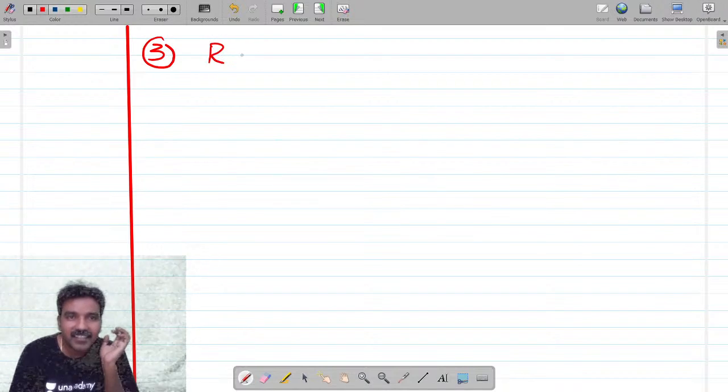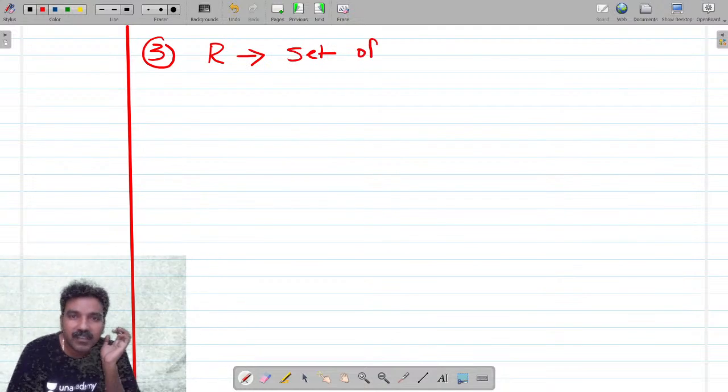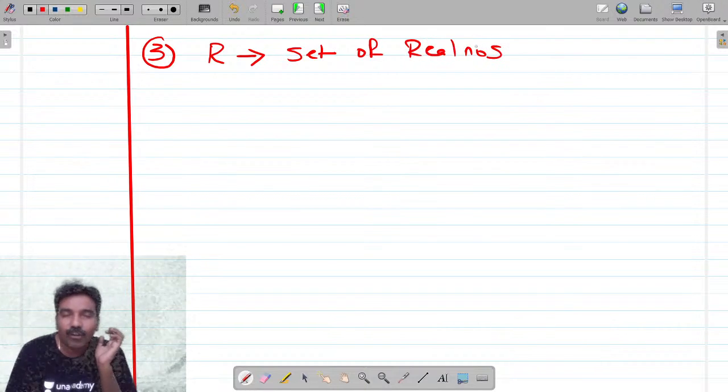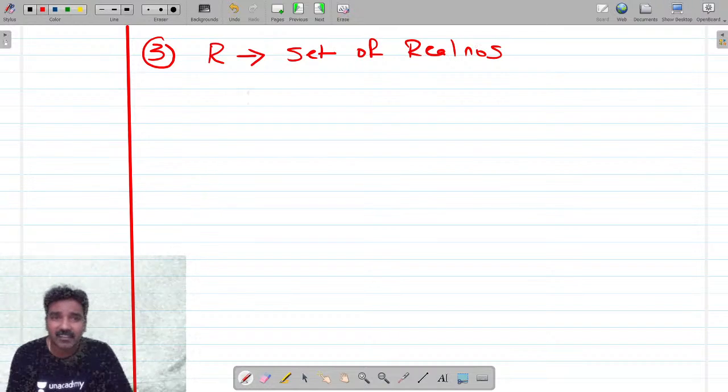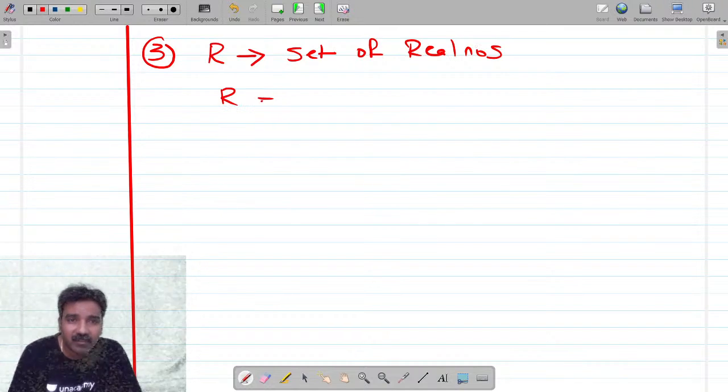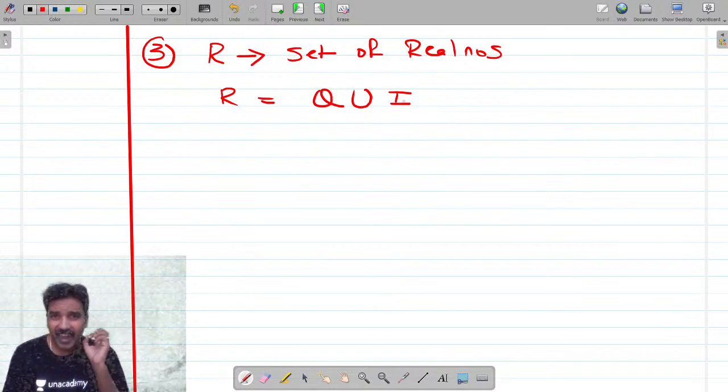R. This is the biggest set in the real number system. So this is the set of real numbers. All numbers will be included: rational numbers, irrationals. So here R is nothing but Q union I. Don't think that here I is for integers.